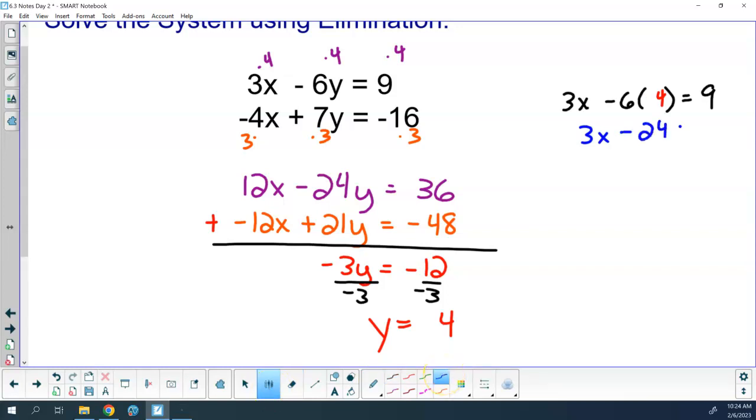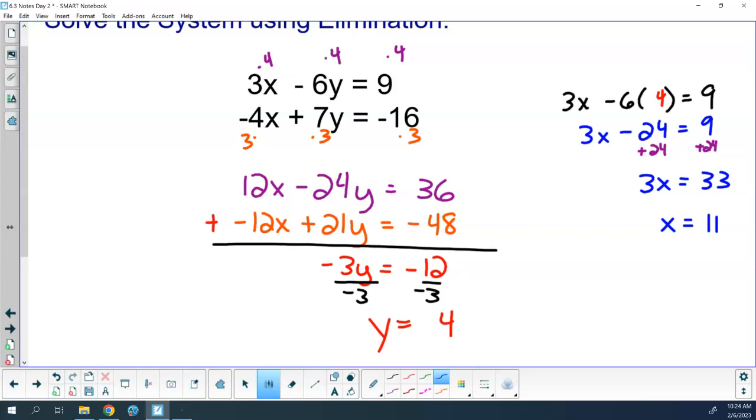Minus 24 equals 9. Add 24. 3x equals, what's that, 33? Divide by 3. X is 11. 33 minus 24 is 9.